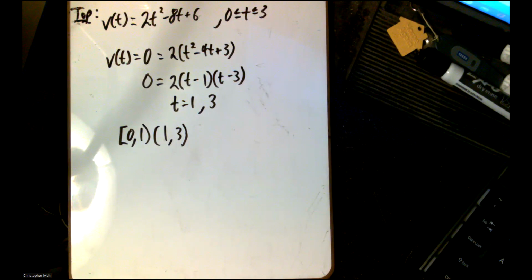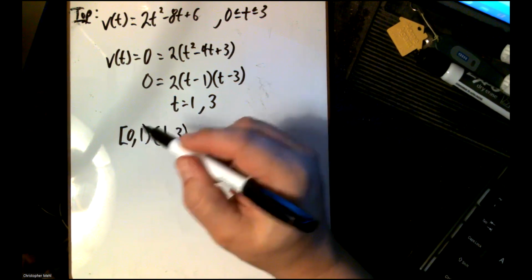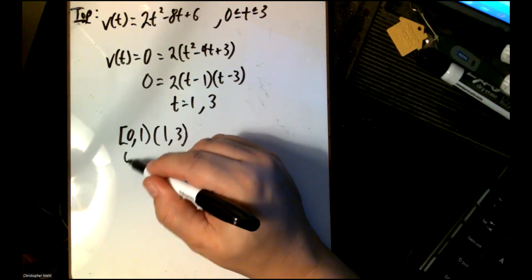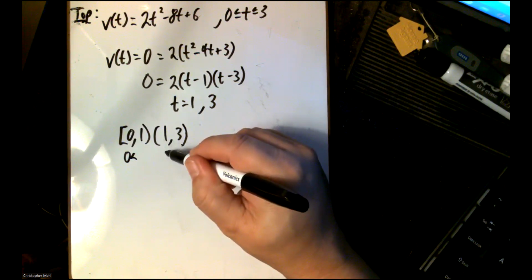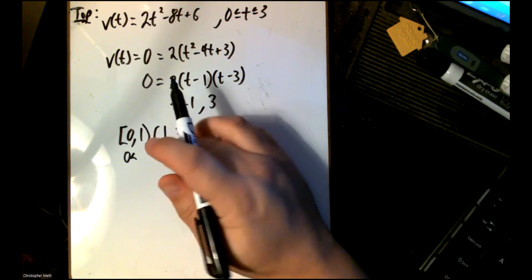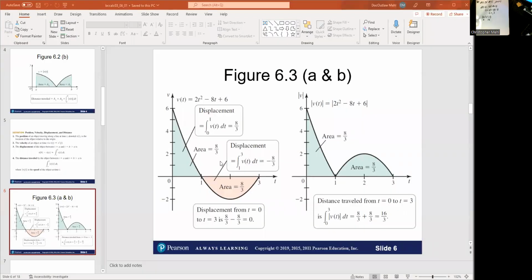And we would find that from 0 to 1, we're greater than 0. And from 1 to 3, we're less than 0. And so it looks like so.